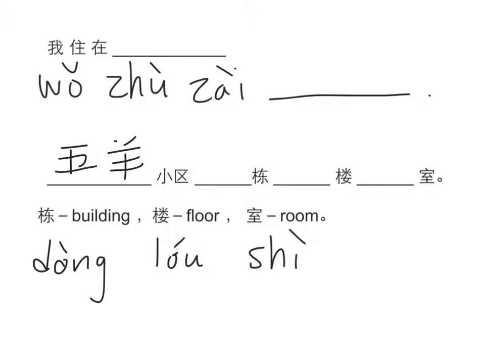Okay, 我住在五羊小区3栋12楼 A 室. So I'm essentially saying I live at the 5 Goats living community, the 3rd building, the 12th floor, and room A. Okay, so that's how we would say our residential address from biggest to smallest.